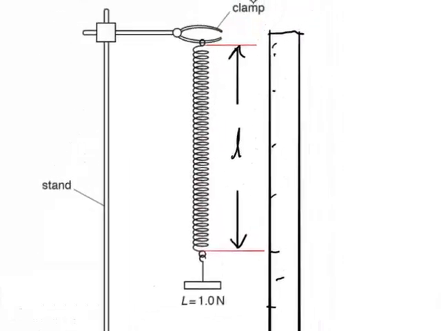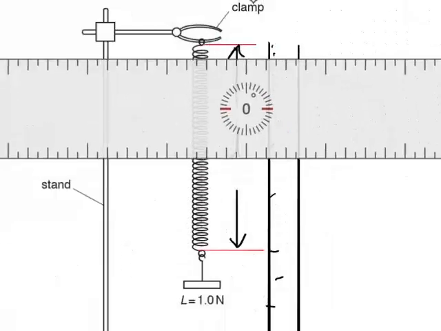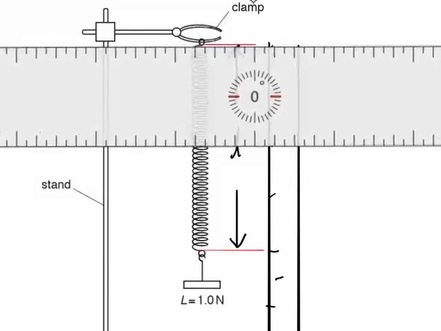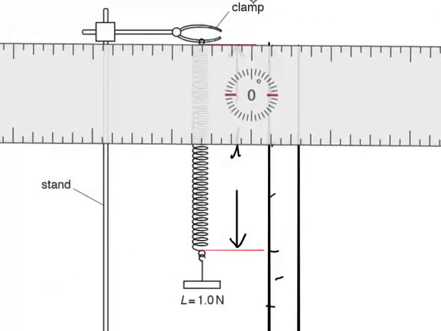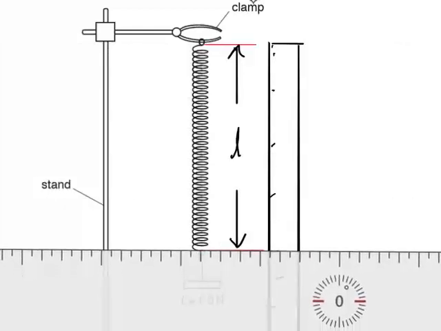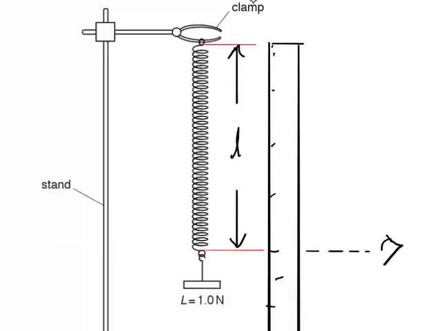Now I think in this case, we better mark it at 0 here. Make sure it's at the same level. And then the eye level here, make sure it is horizontal.